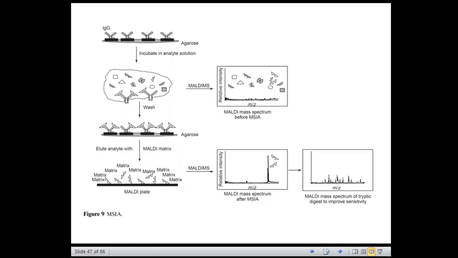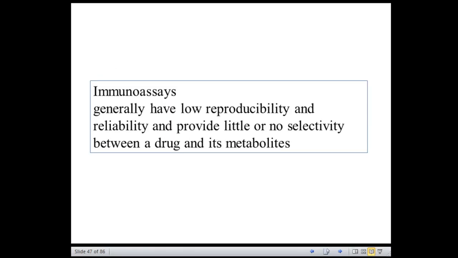Right. Similar to the ELISA, you might be very well versed with ELISA, that is enzyme linked immunosorbent assay. This mass spectrometry immunoassay consists of the nanoscale immunoaffinity purification of the analyte of interest. So it is at the nanoscale, right?